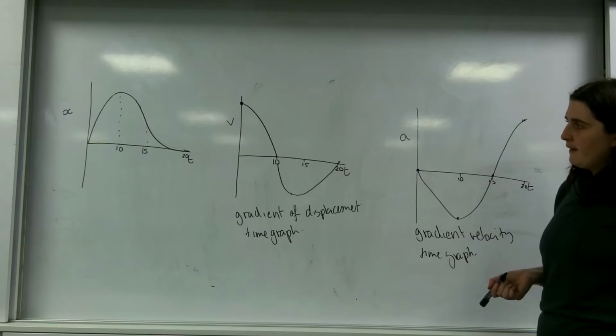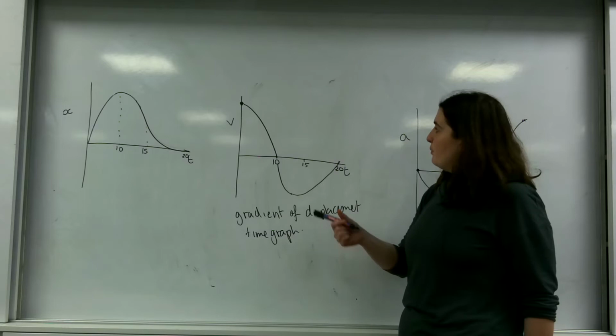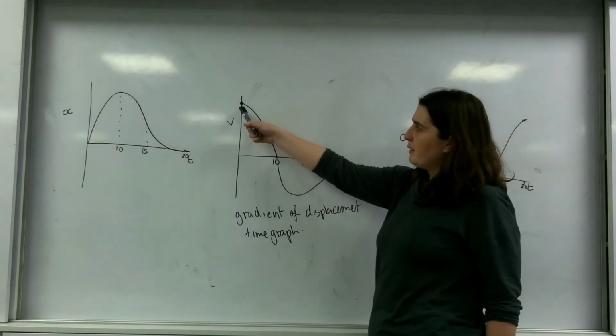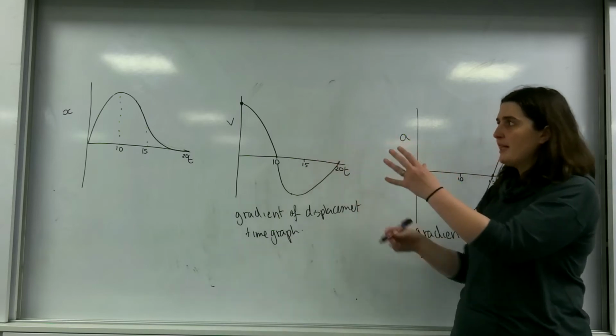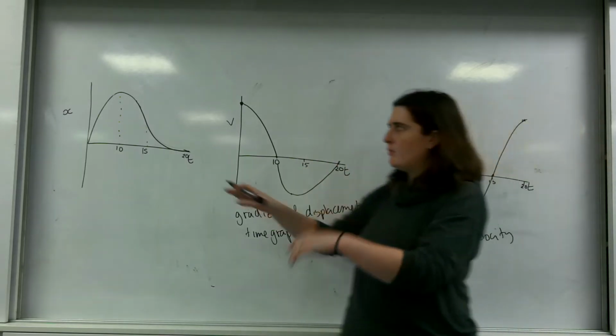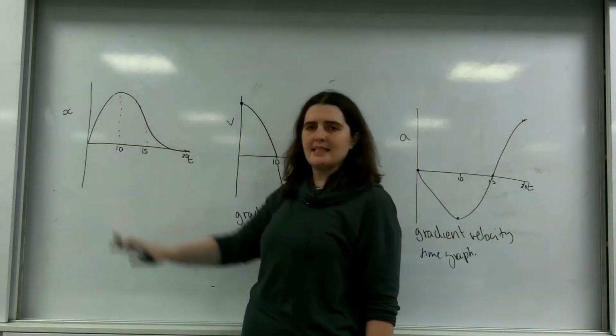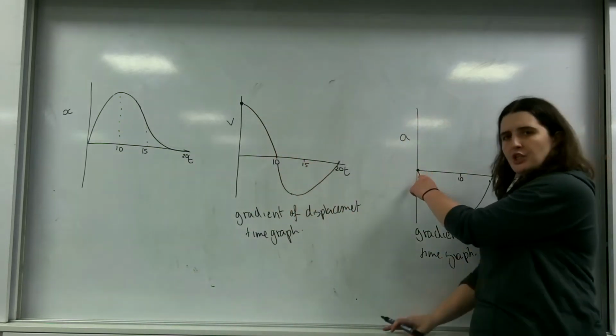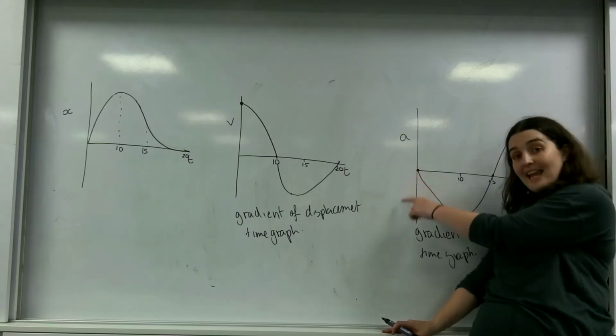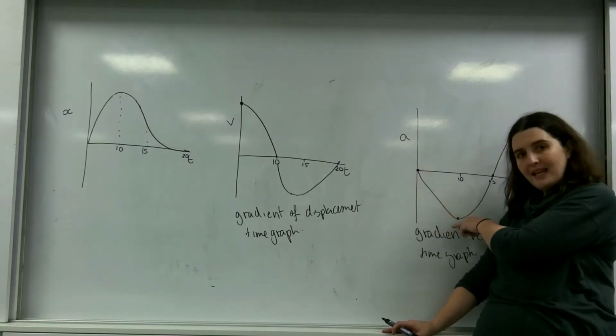What's happening here is that my velocity to start with is quite big, but for some reason I'm slowing down. So my velocity is really high, but then the amount of distance I'm travelling is getting less and less and I'm slowing down, which means that my acceleration or deceleration, because it's negative, is getting much, much bigger.